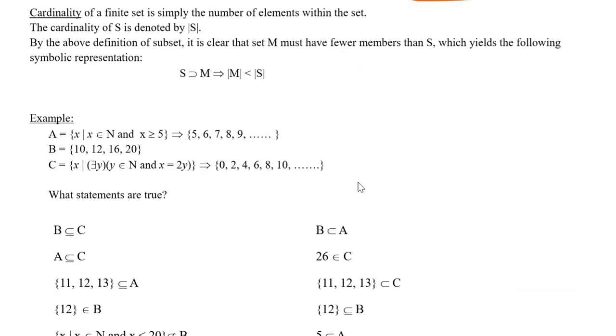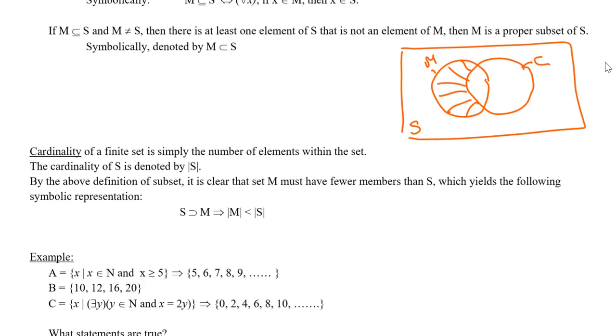Cardinality of a finite set is simply the number of elements within the set. So the cardinality of S, like what we talked about earlier, is the number of all humans, for example. How many humans we have. By the above definition of subset, it is clear that M, the number of males, must have fewer members than S, which yields the following symbolic representation.